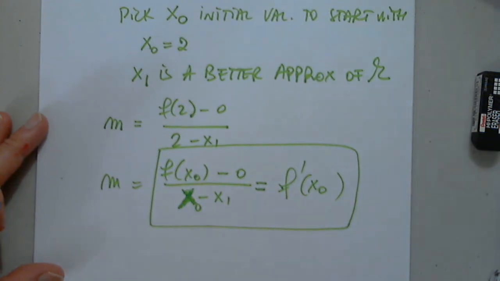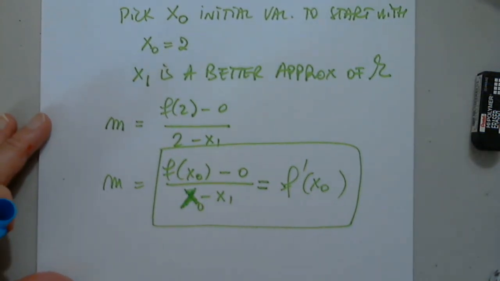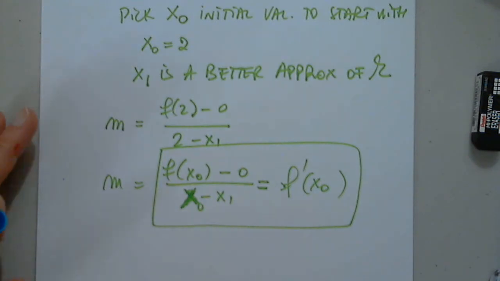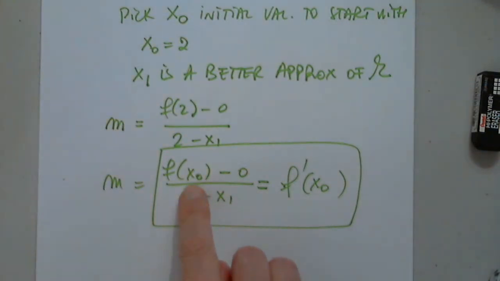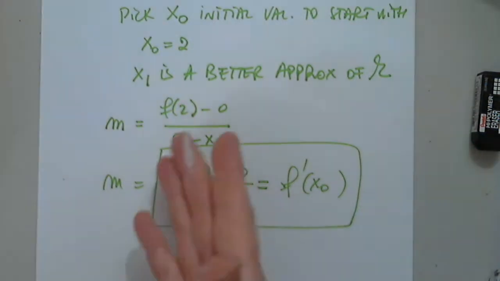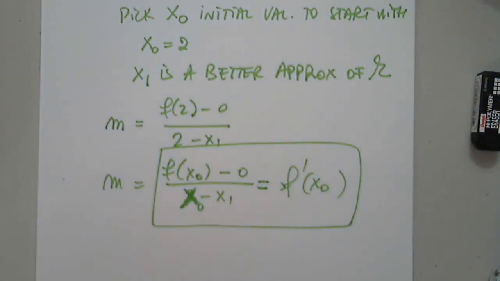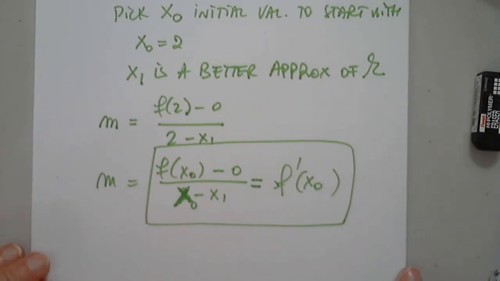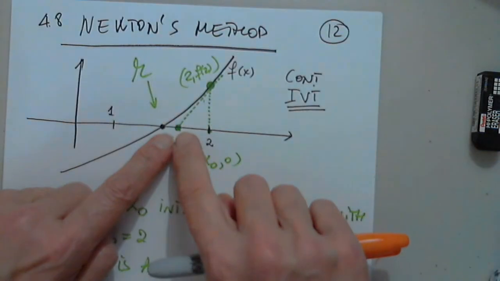This I picked, I can plug in the function. This I picked, I can determine the derivative, and I plug in x0, or 2 in our example. What is the only variable in this equation? x1. Of course, that's what I'm looking for.